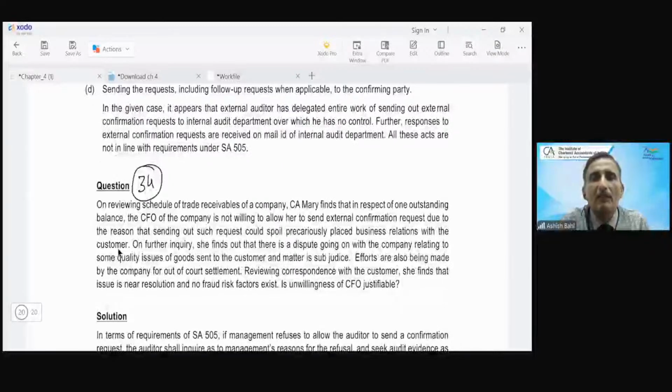Yes, question number 24. Again, SA 505. Not sending external confirmation requests. Read the question. Similar question we have discussed already.